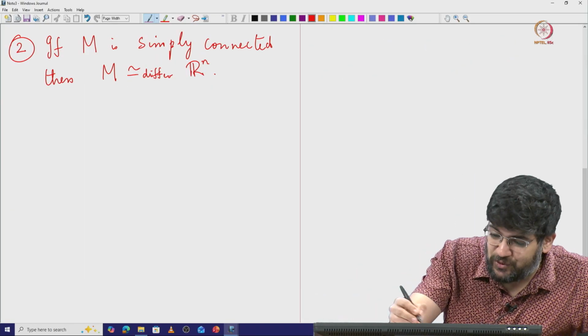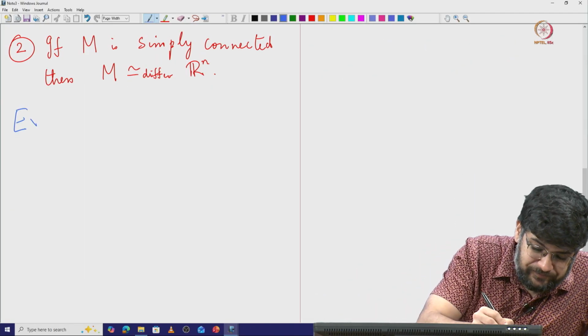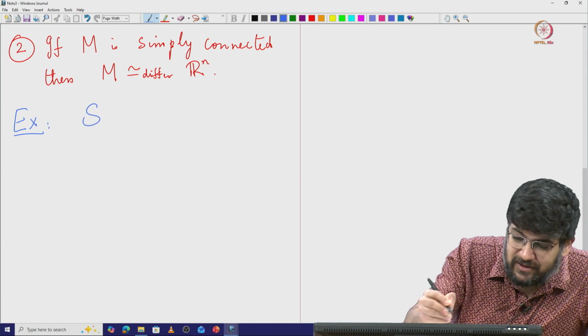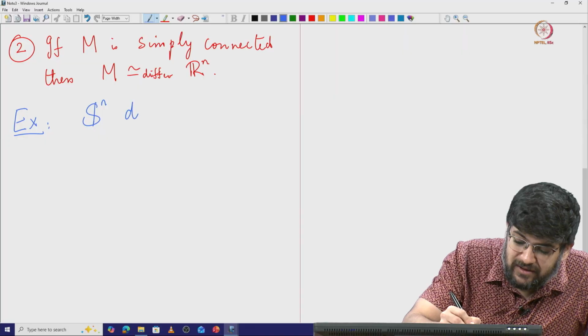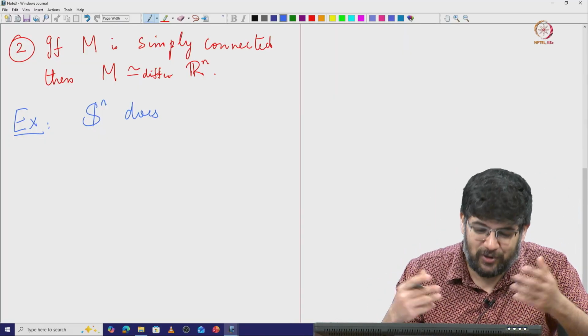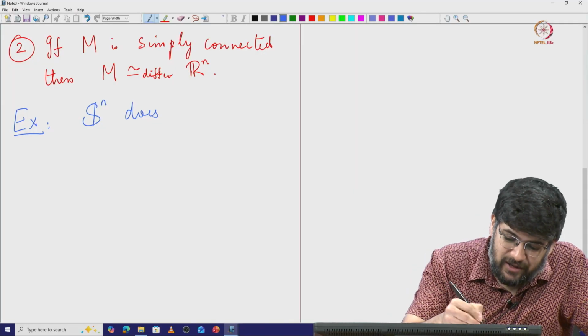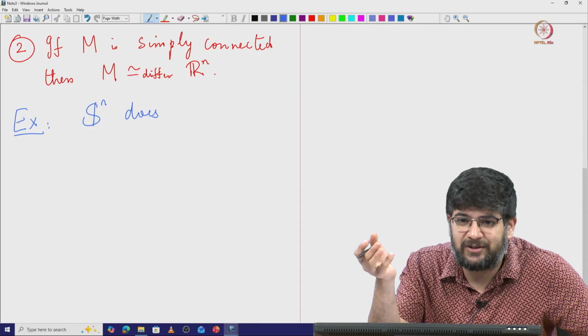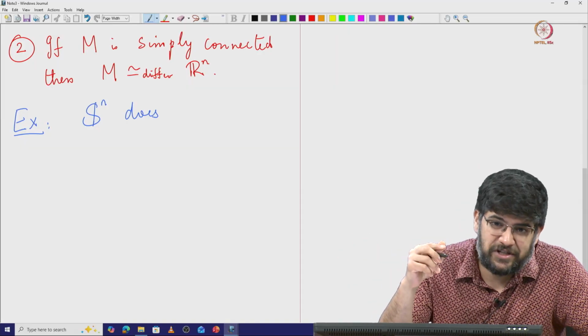So for instance, as an example, if you take something like S^n, we of course know that there is a standard round metric on S^n which has positive curvature, but you might still wonder whether it has something with non-positive curvature also.